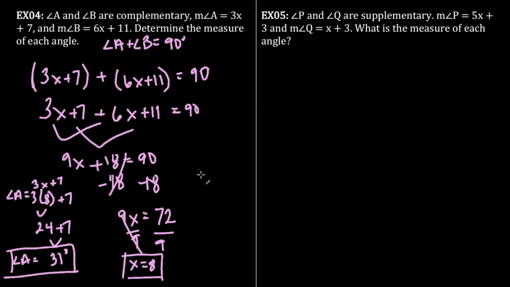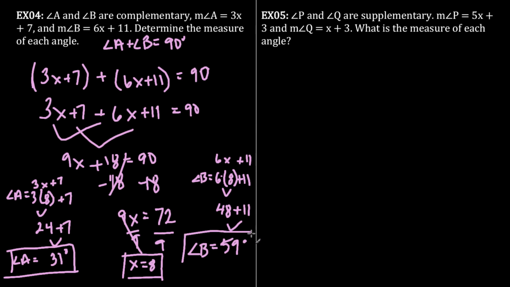And then angle B is 6 times 8 plus 11, which came from 6x plus 11. So 6 times 8 is 48, plus 11 is 59. So angle B is 59 degrees. We can check it because 59 plus 31 is 90.